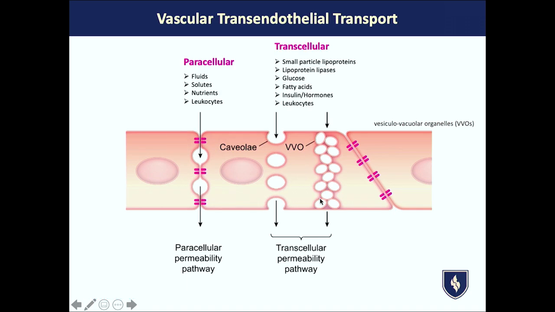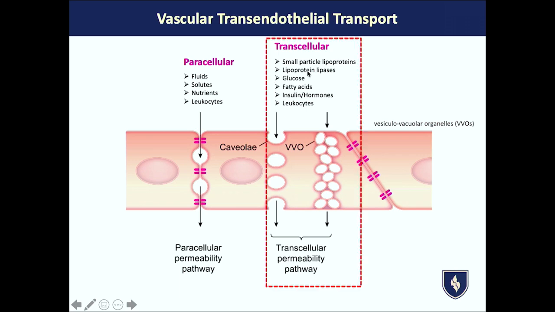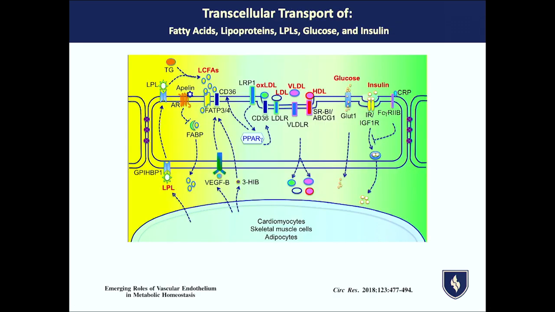And these pathways are there to get white blood cells and glucose and fatty acids and other compounds through. And when you look at the transcellular pathway, things like glucose and fatty acids and insulin and long-chain fatty acids, they all have to get through the vascular endothelium to then supply heart tissue, cardiomyocytes, and skeletal muscle and adipose tissue.